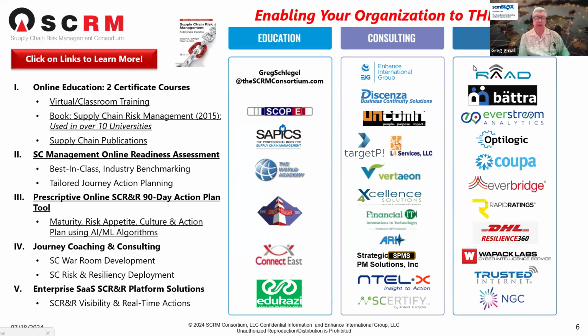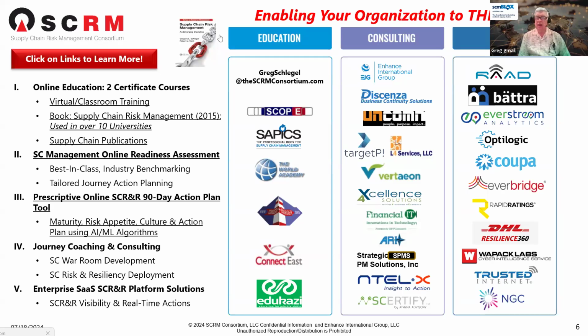This is a quick picture of who we are and what we do at the Supply Chain Risk Management Consortium. On the right-hand side, we have 3 pillars. We do a lot of education around the globe. In the middle, we do a lot of coaching and consulting.